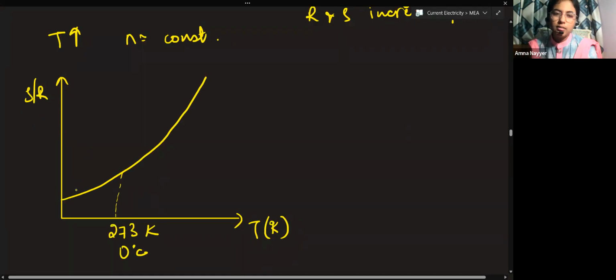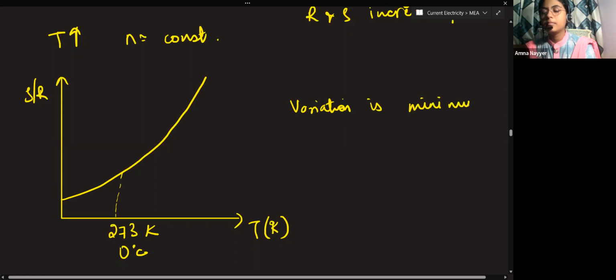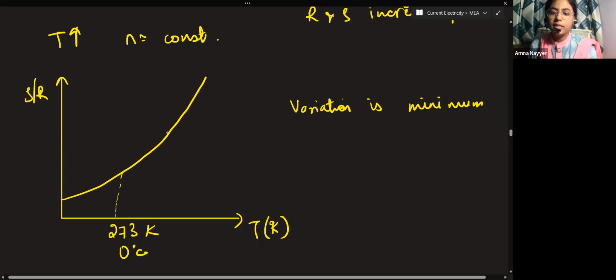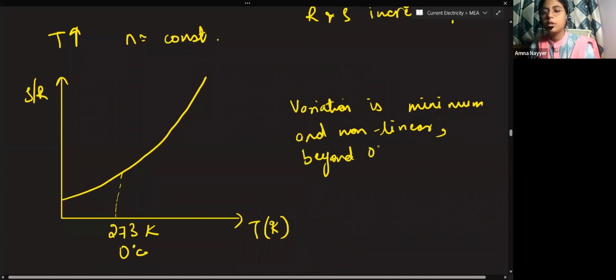You can see till here the variation is minimum, and it is non-linear. But after 0 degree Celsius or 273 Kelvin, it's somewhat linear. Beyond 0 degree Celsius, it's linear.